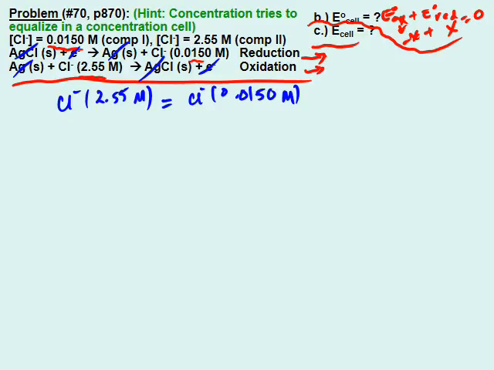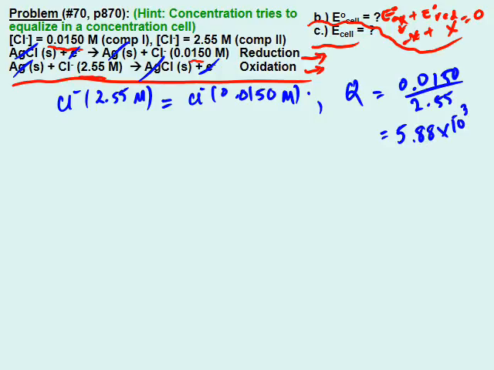So the Q value will be given by, why we need the Q value I'll show you in a minute, product divided by reactants, 0.0150 divided by 2.55, and that gives you 5.88 times 10 to the negative 3.